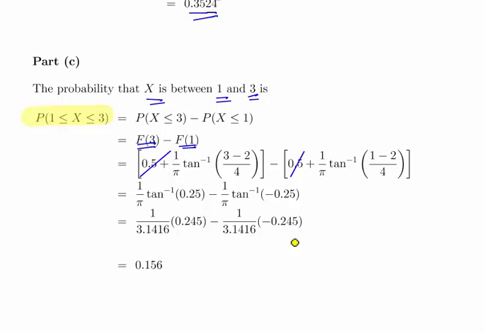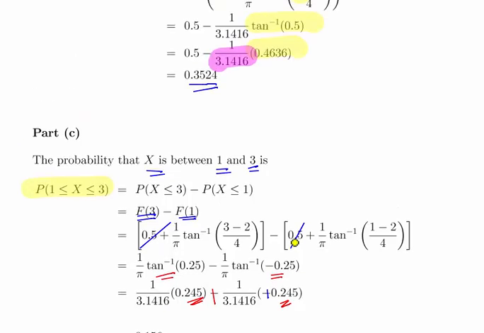So 1 over pi times tan to the minus 1 of a quarter, which you probably worked out previously in part A, minus 1 over pi times tan to the minus 1 of minus 0.25. These work out to 0.25 and minus 0.25, so the minus turns into a plus. And the answer works out to be 0.156.